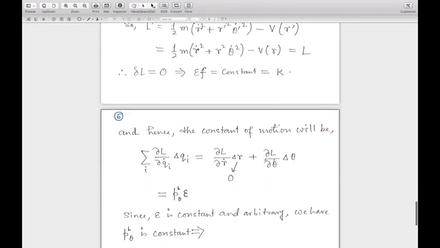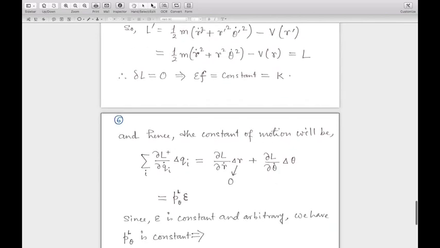And what about this summation over del L del q_i dot delta q_i? It will now have two contributions. Del L del r dot delta r, which is 0 because r does not change, and del L del theta dot delta theta, which is nothing but p_theta, the angular momentum component, which is the conjugate momentum with respect to the theta coordinate.